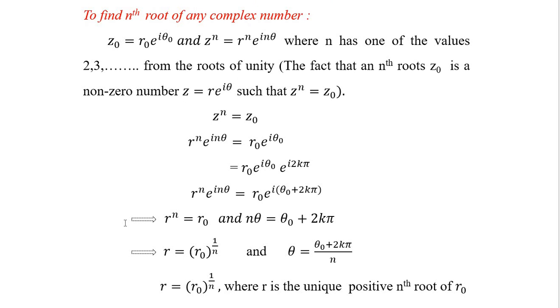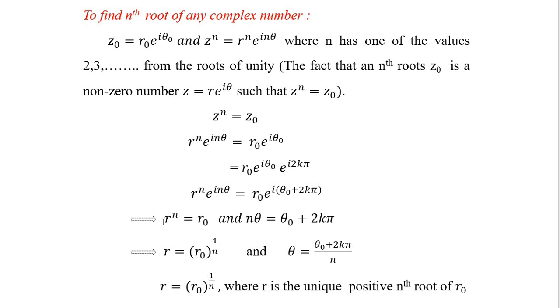Now let us take two numbers z0 and zn. By this observation, we equate these two. We know how two complex numbers are equal, that r and theta can be found. So r to the power n equal to r0 and n theta equal to theta naught plus 2k pi.